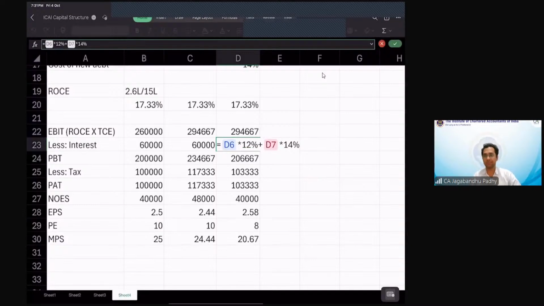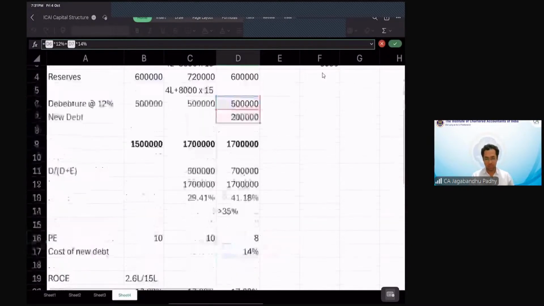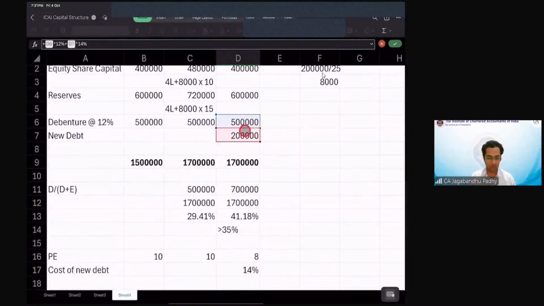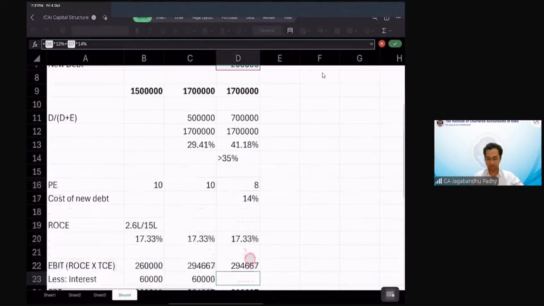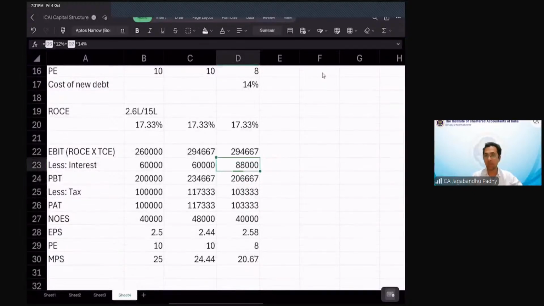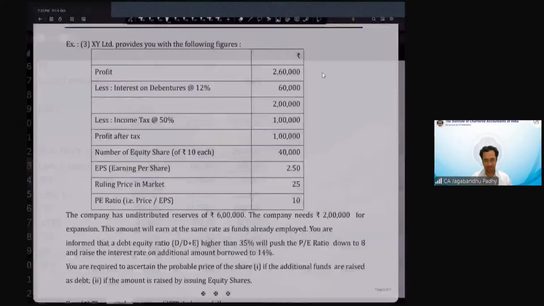Interest over here. This is the old 5 lakh into 12%, and the new debt is at a cost of 14%. Got it? P/E is 10, given 8. How have you written 8?